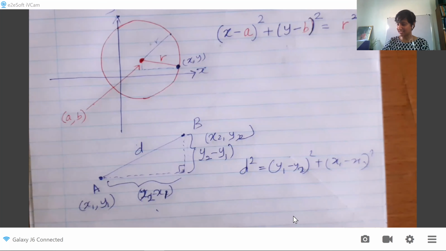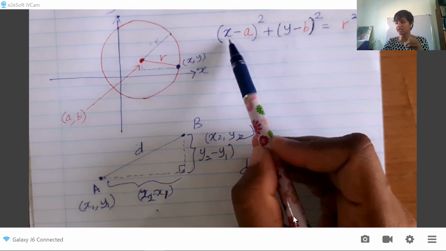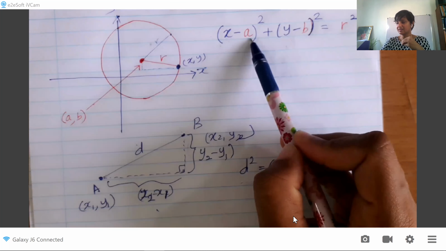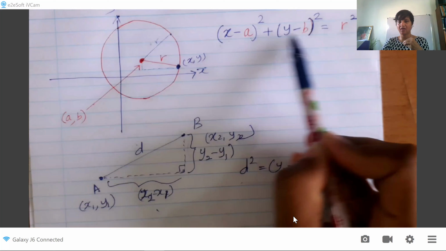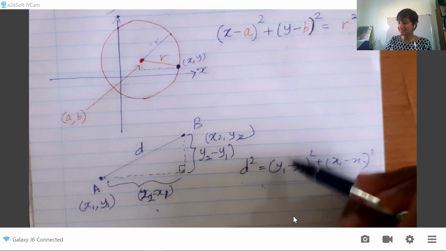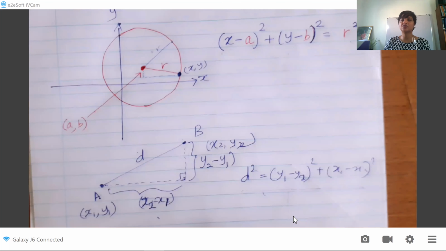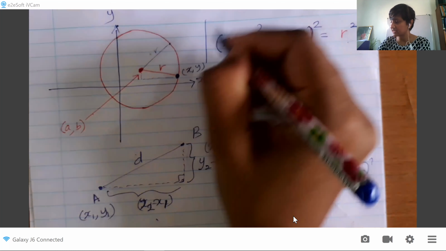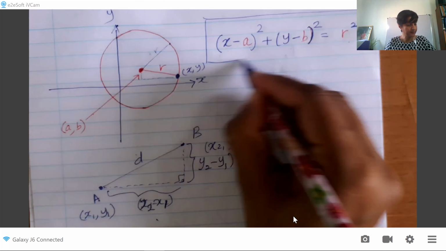It gives you a relationship between the x coordinate of any point on this circle, the center coordinates, and the r. Isn't that great? This is called the center radius form of the equation of a circle. So you can box it nicely.